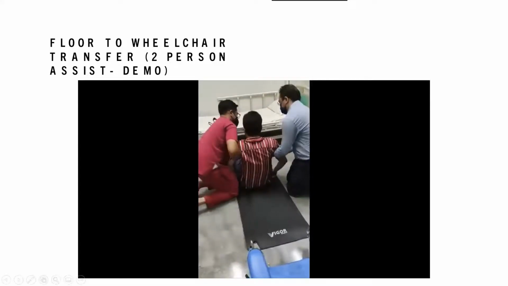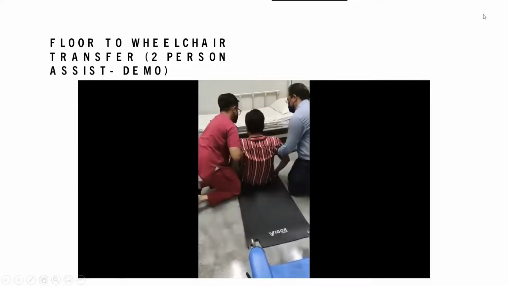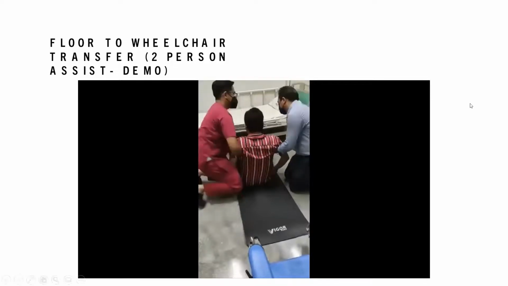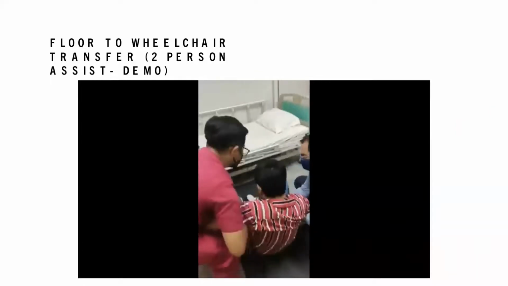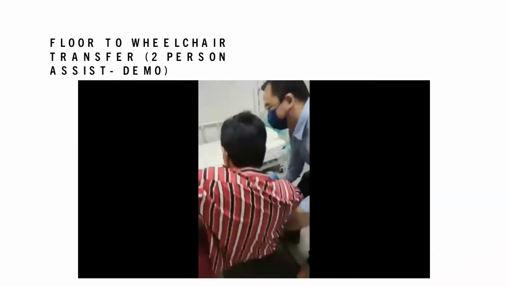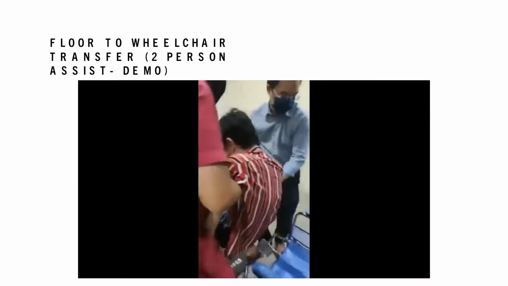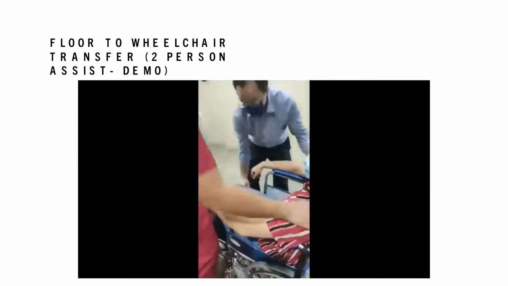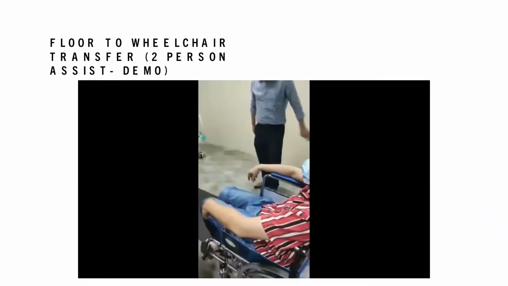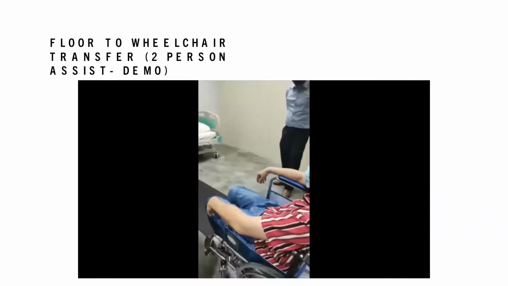Okay, and the other hand. One, carry. 3, 2, 1. Yeah. Oh, very light, huh? Okay, this is the first technique.